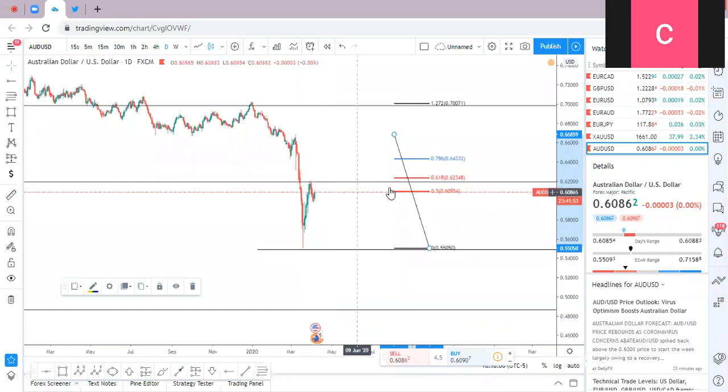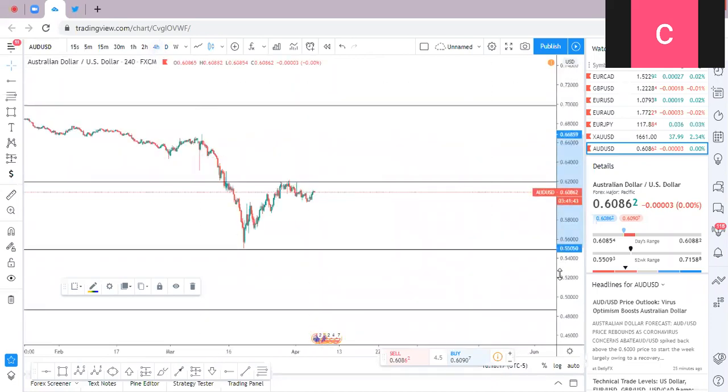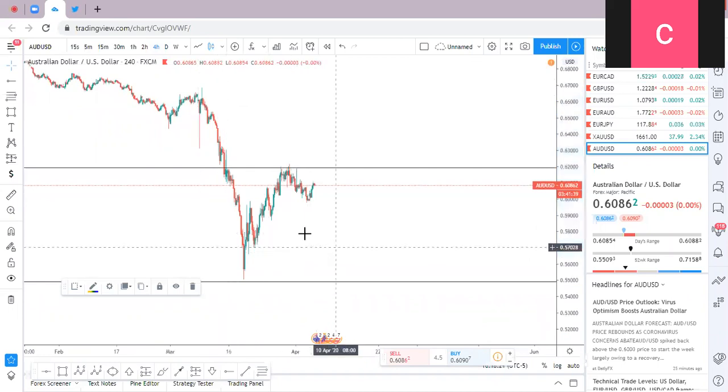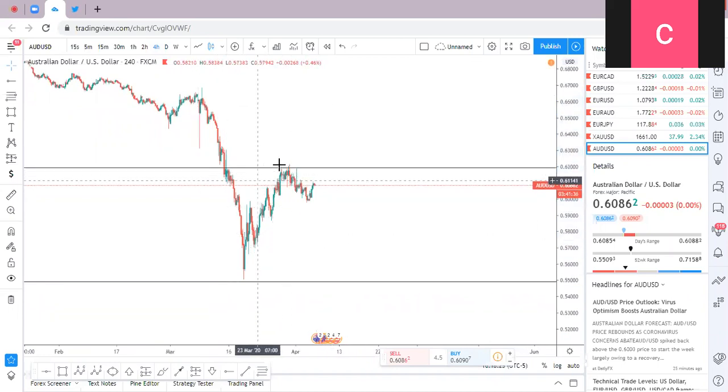Currently, price is at the 0.5 area of the fib as well, and price is rejecting around this area again. So going to the lower time frame again. Perfectly, you can see the drop, came back to retest, then dropped.